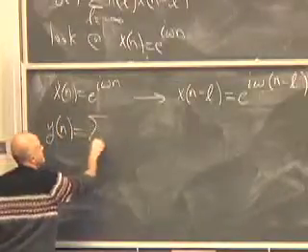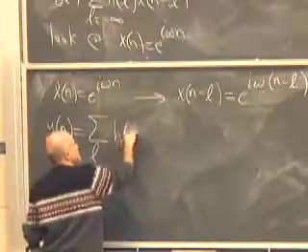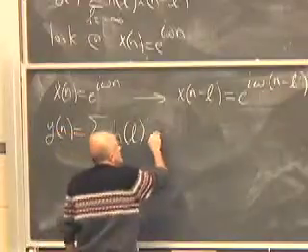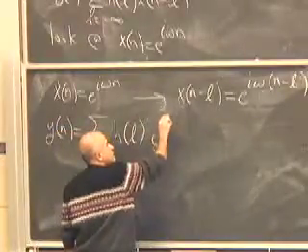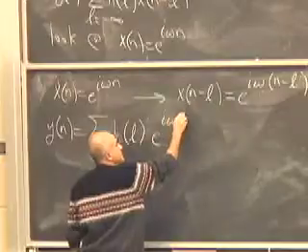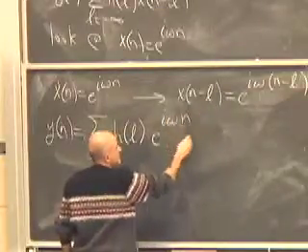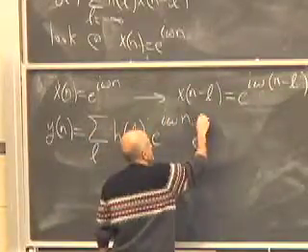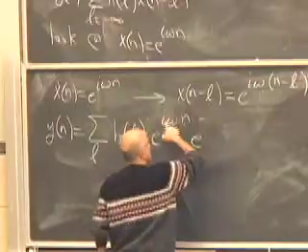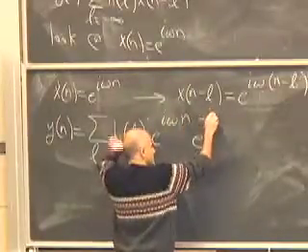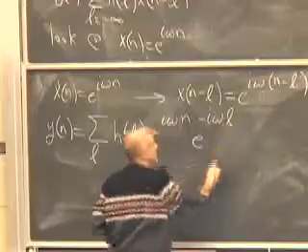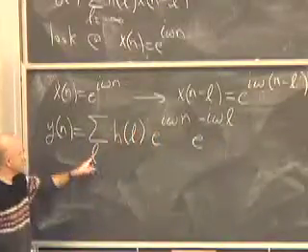Y of n is summation over L, h of L, e to the I omega n minus L, which I can break up and say e to the I omega n and e to the minus I omega L. Okay? The summation is over what?